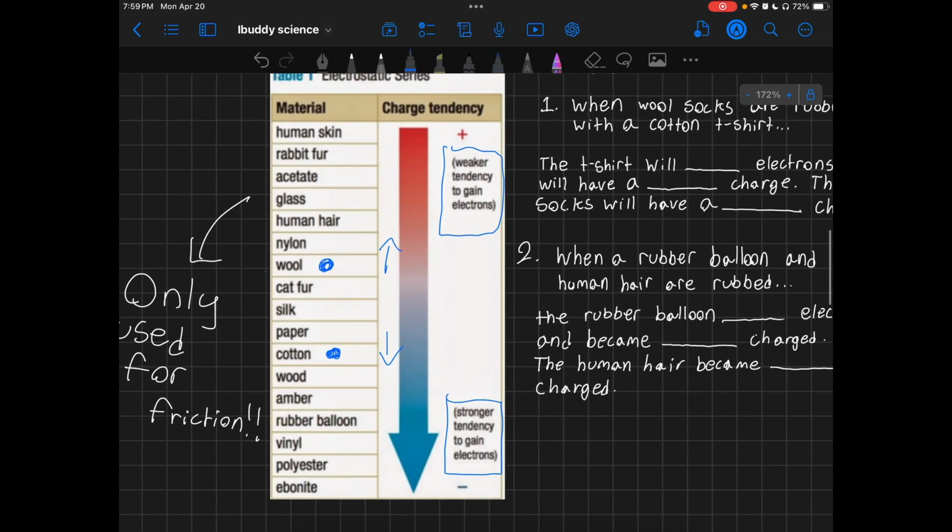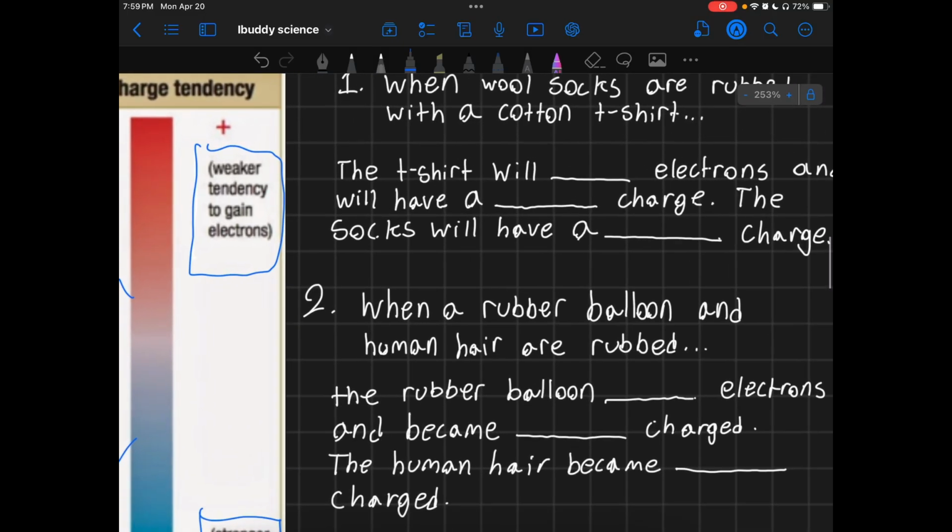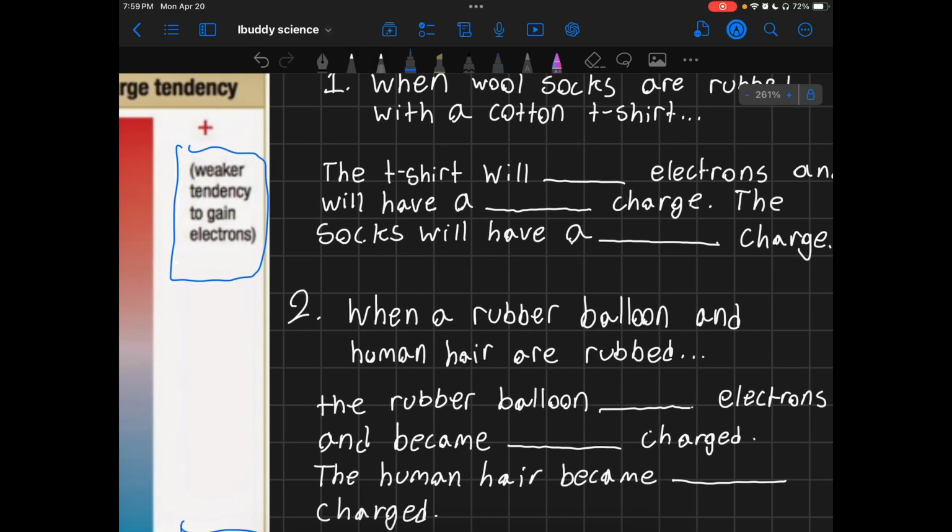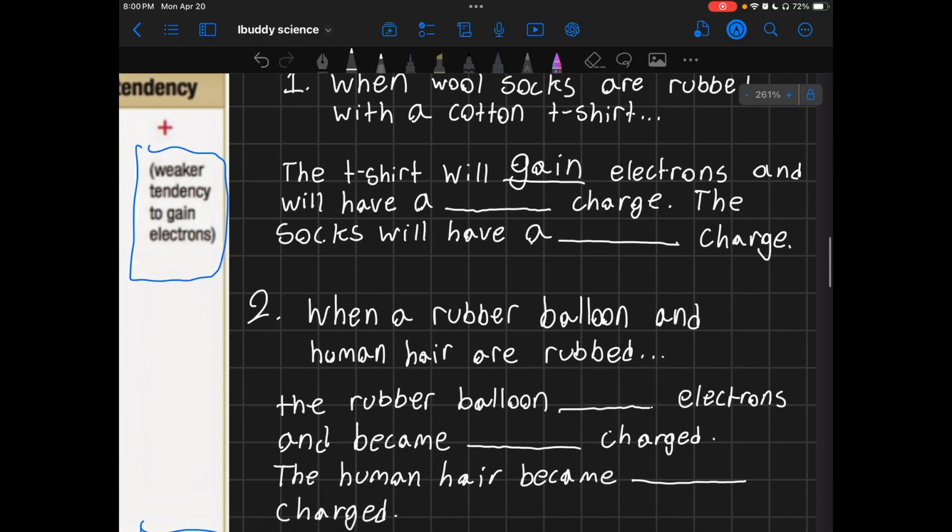That means cotton will gain the electrons. So the t-shirt will gain electrons and will have a negative charge, and the socks will have a positive charge because they lose electrons.